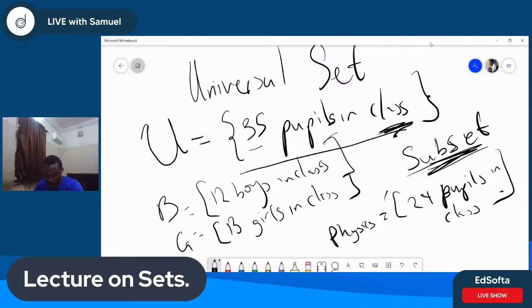Moving on, there are still other types of sets that we can discuss. We can talk about the power set.